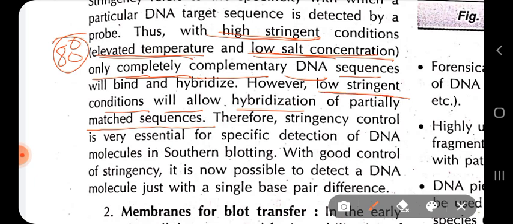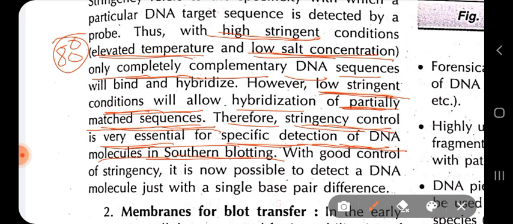But if you have low stringent conditions, low temperature or high salt concentration, it will allow partially matched sequences. So stringency control is very essential for specific detection of your DNA molecule in Southern blotting.